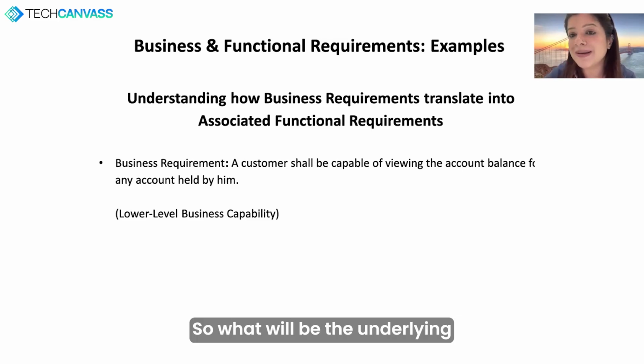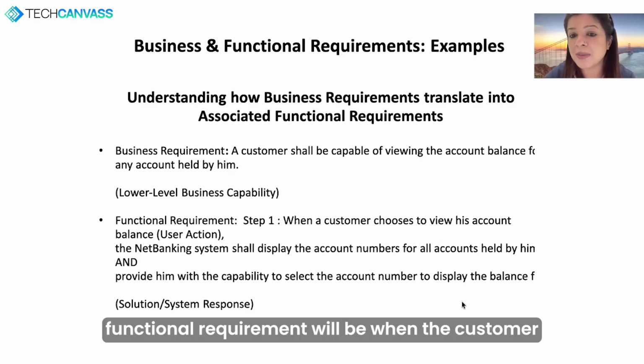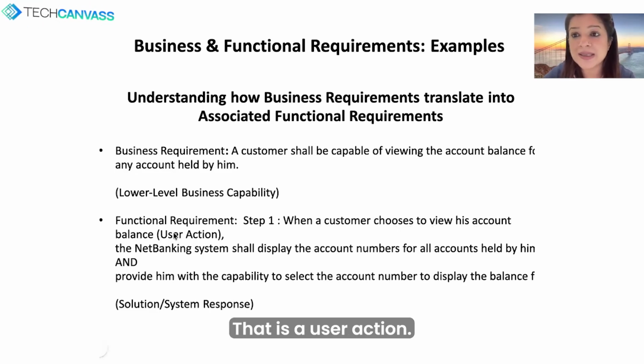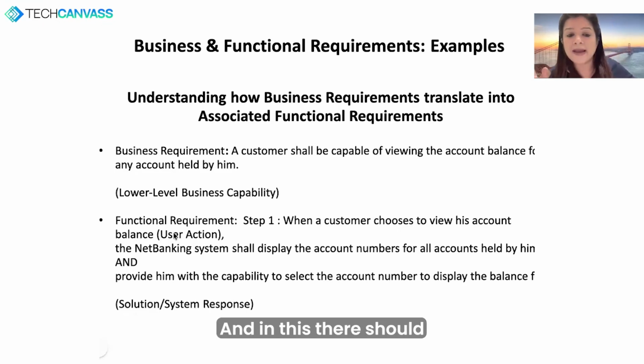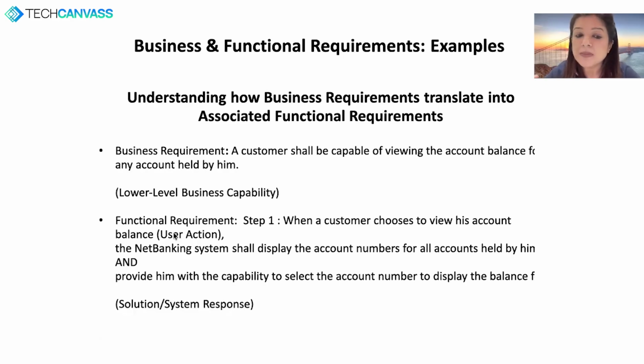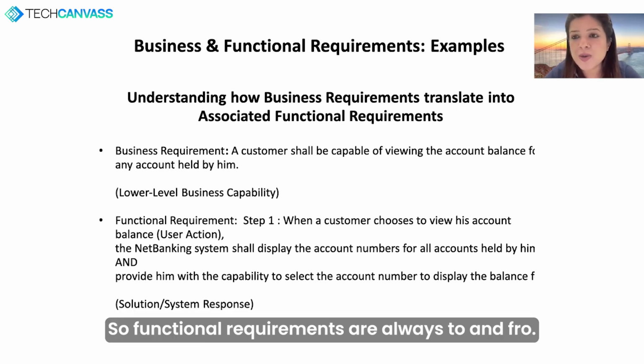So what will be the underlying functional requirement here? The underlying functional requirement will be: when the customer chooses to view his account balance, that is a user action. And to this, there should always be a system response. So functional requirements are always to and fro.